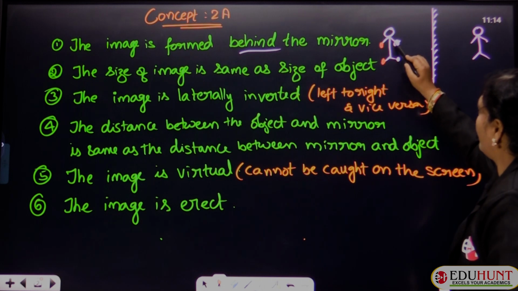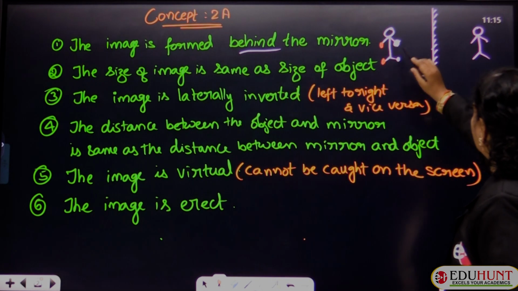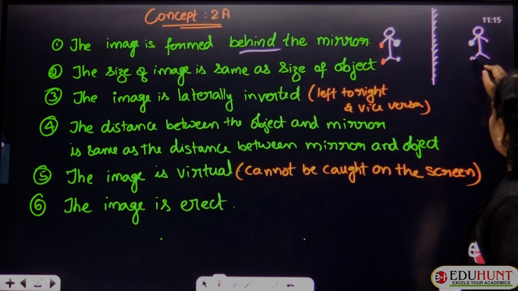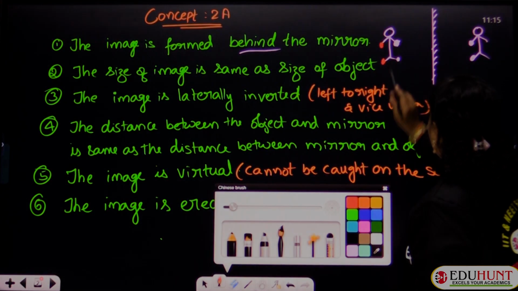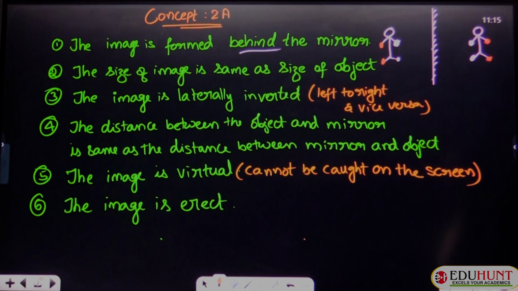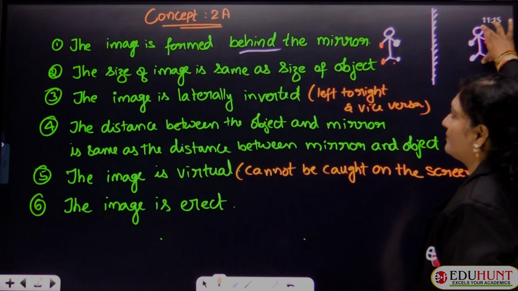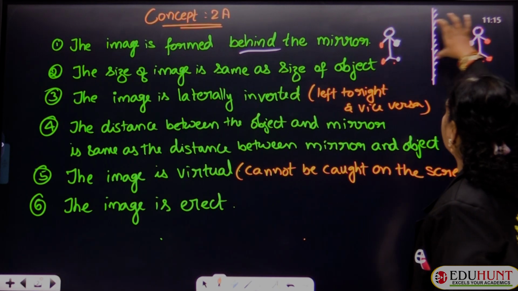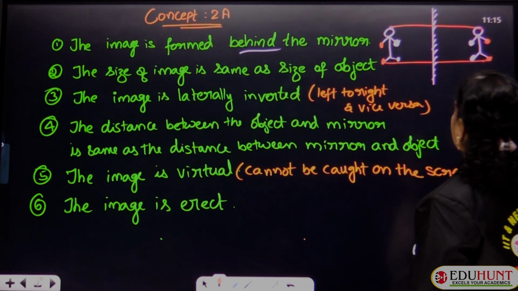But here you have the left side, I wrote in pink color. Inside the mirror, it is observed on the right side. And the red one will appear towards the right side. Okay, so behind the mirror. Whatever the size of the object is, the image will be the same size. So second point, size remains same.